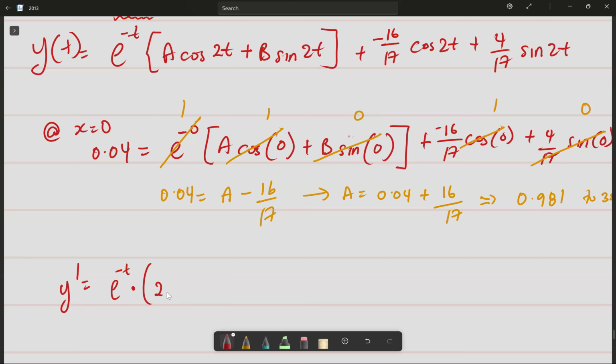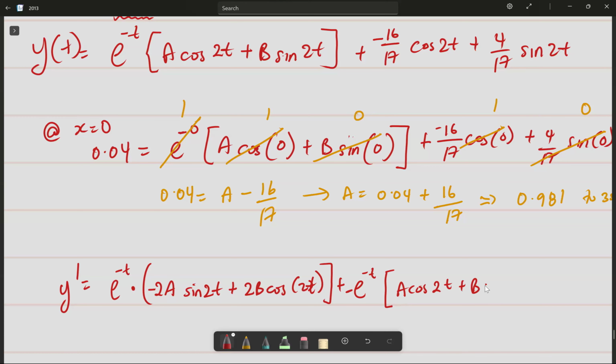It's going to be 2a negative sine 2t plus 2b cosine 2t. And I need to add to that the differential of the outside, e to the negative t, remains the same. Nope, minus t in front of it now. Multiplied by a cosine 2t plus b sine 2t.